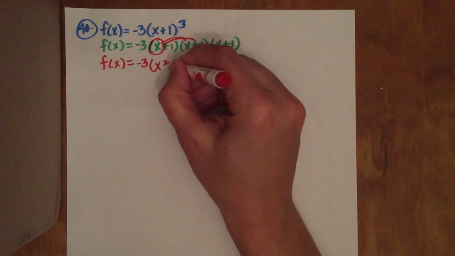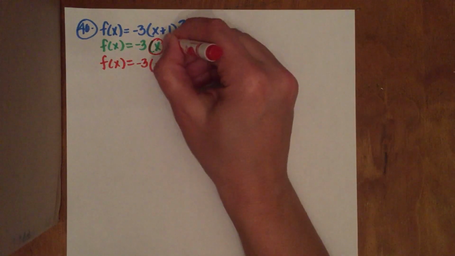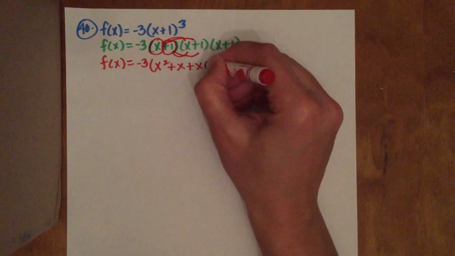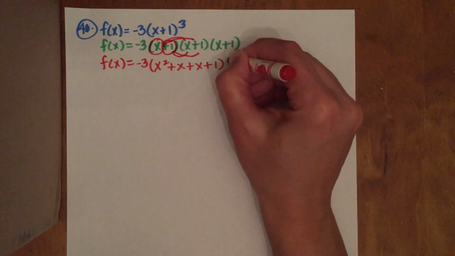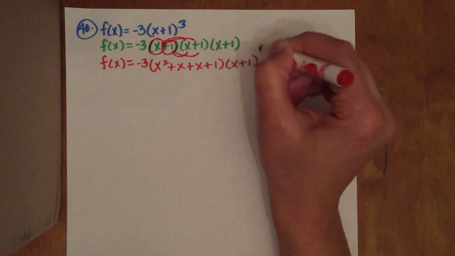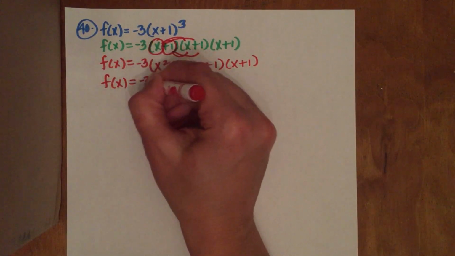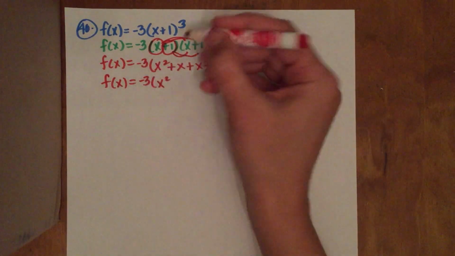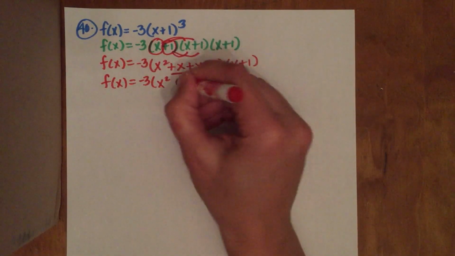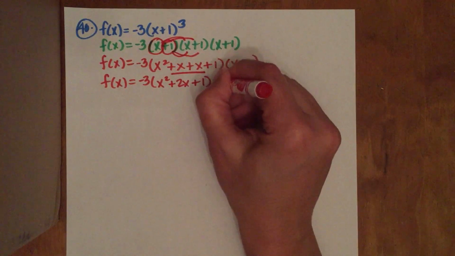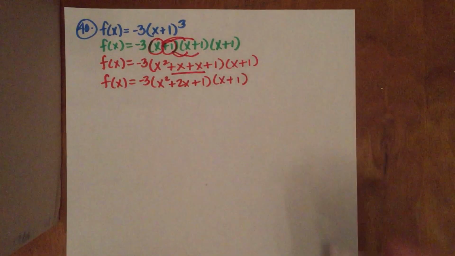X times 1 is x. 1 times x is x. And 1 times 1 is 1. So we're going to like this one a little bit better. It's a little bit easier. So let's combine our like terms to make life easier. Negative 3 times (x squared, I've got x plus x, which is 2x, plus 1), and then (x plus 1).